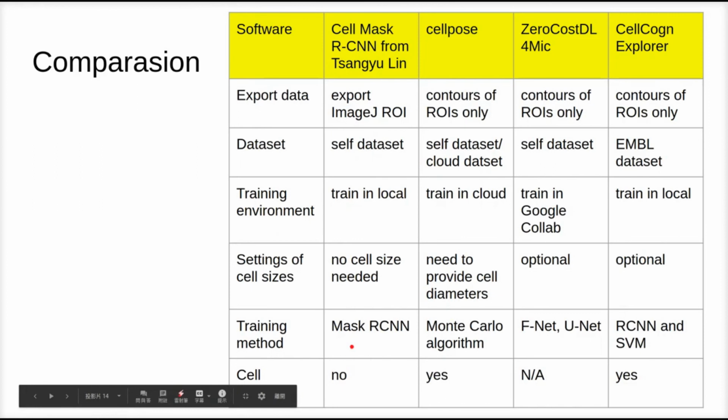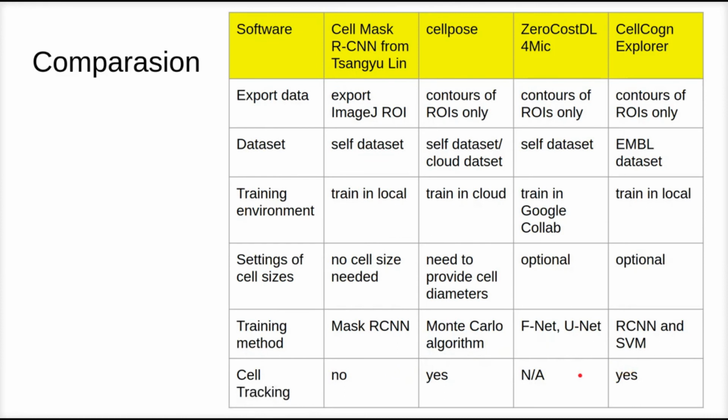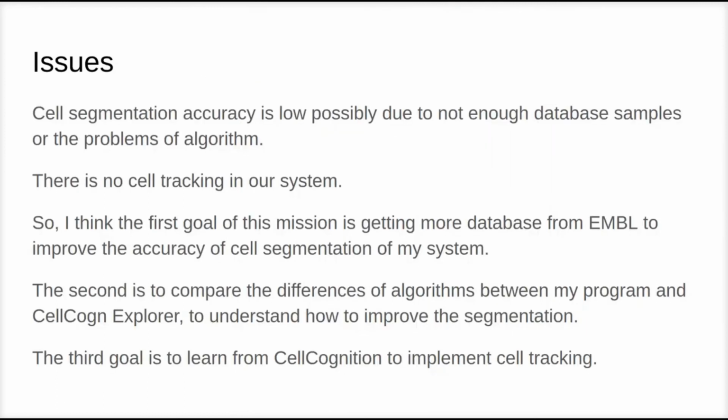The issue with MaskRCNN is that the accuracy is low, probably due to not enough database samples or a problem with the algorithm. And there are no tracking systems in our program. So the first goal is getting more data from MBO to improve the accuracy of cell segmentation in my system.